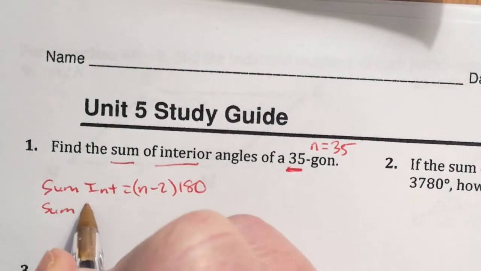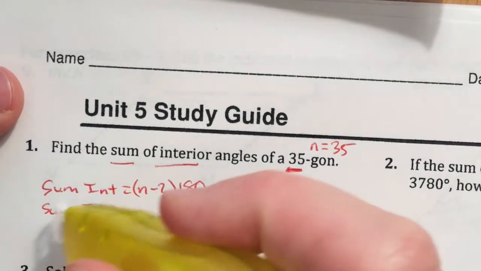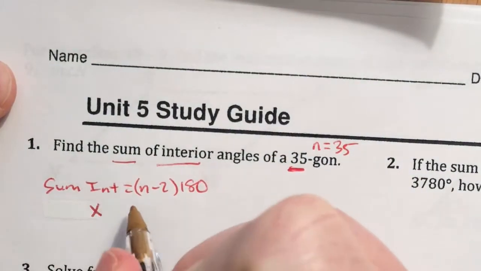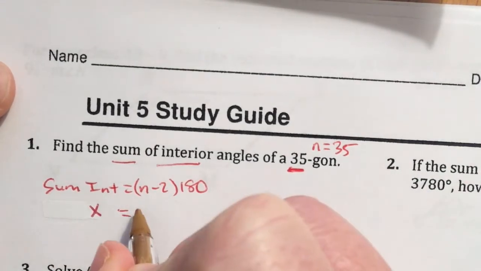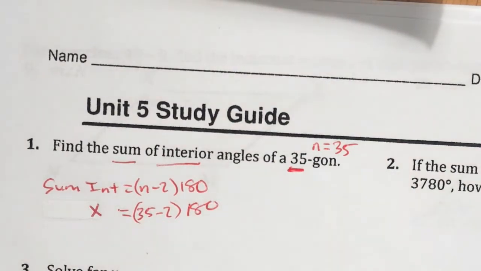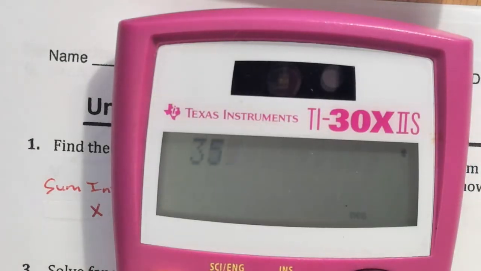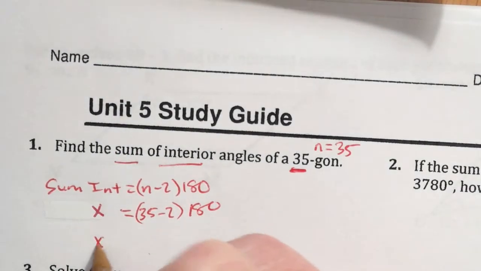The sum of the interior is what we're looking for, so let's just call that x. x is equal to 35 minus 2 times 180. In the calculator, 35 minus 2 is 33, times 180 gives 5940. So x equals 5940, and that is your answer.